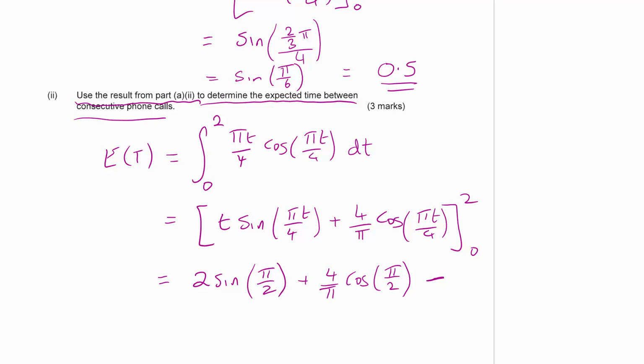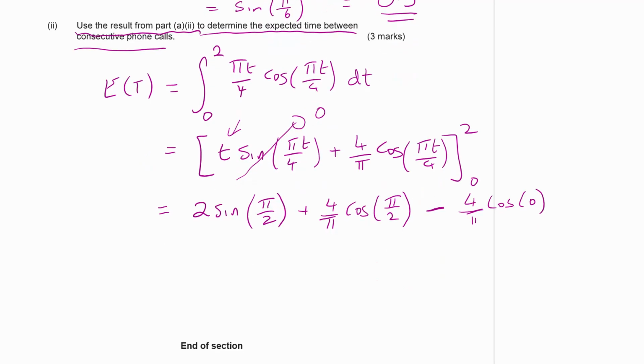Then take away when it's 0, and of course this part here will be 0 because of the t in front. So it's just going to be the 4 over pi cos 0. Cos of 0 is 1. Cos of pi by 2 is 0, so this part is 0. Sine of pi by 2 is 1, so it's going to be 2 take away 4 over pi.